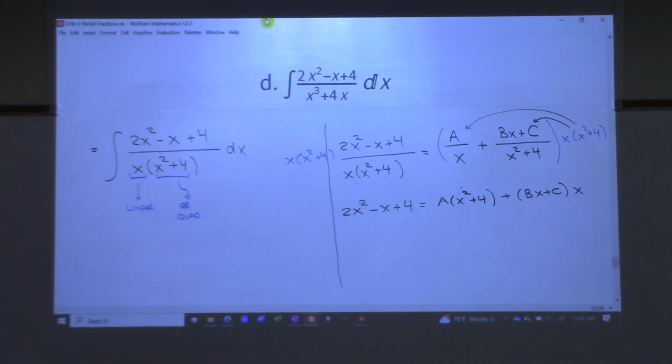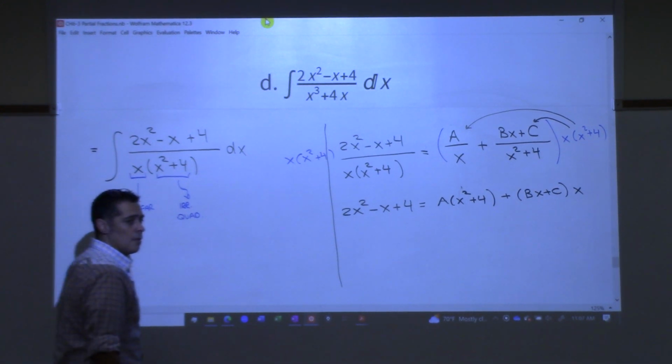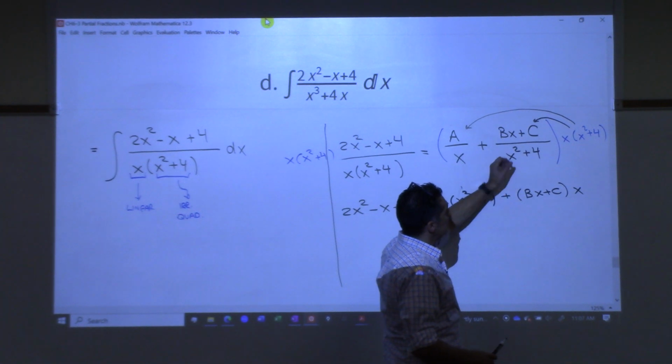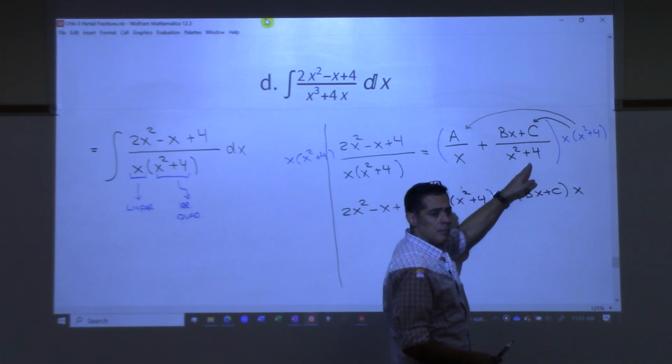I'm not following you. Okay, gotcha. A over x, right? A constant over a variable, and then bx over x squared. Oh, you mean like split it into two? Well, but it's not splitting it. Once you get to the c part, if you separate that fraction, it's like c over 4, and that's a constant.